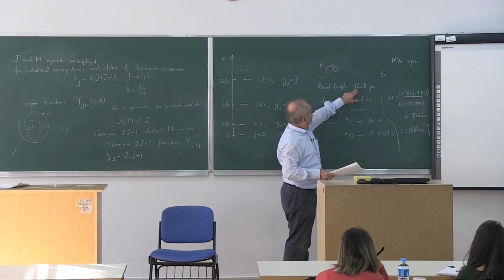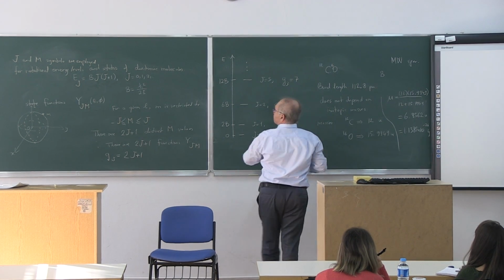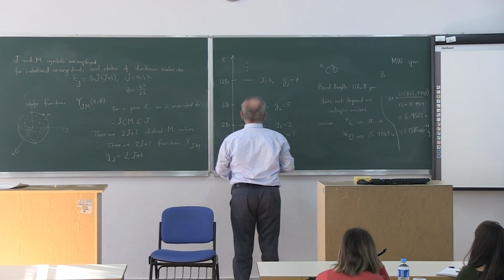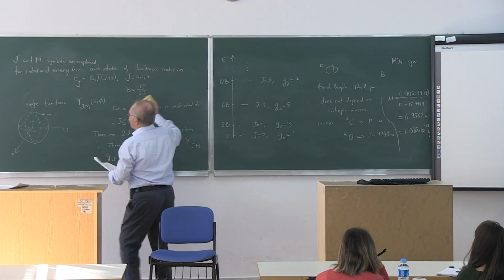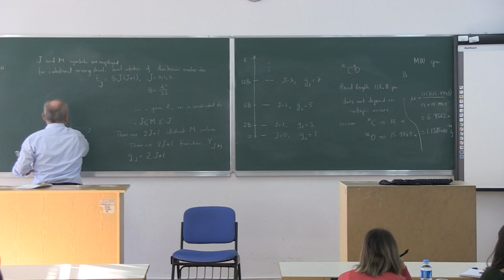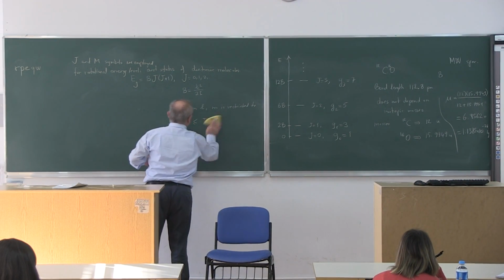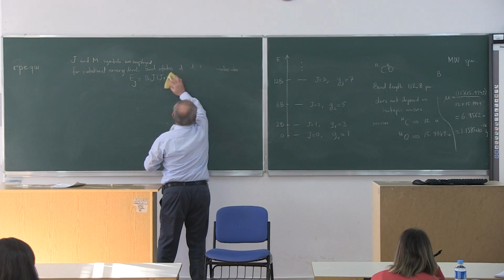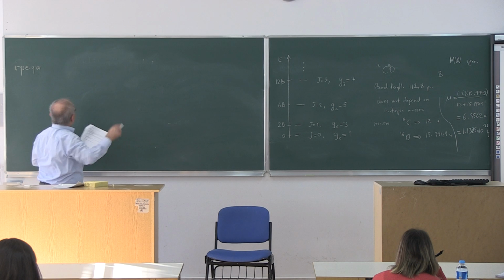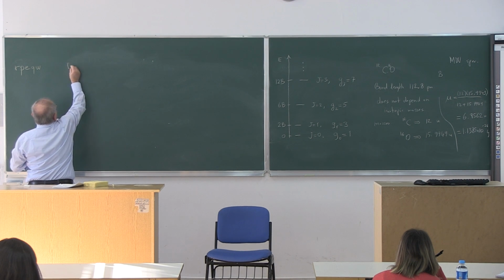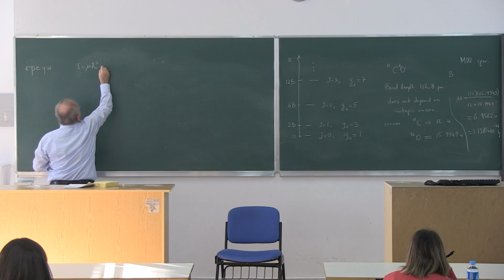The bond length is also given to us. So we use the definition of moment of inertia. Moment of inertia is reduced mass times R0 squared.